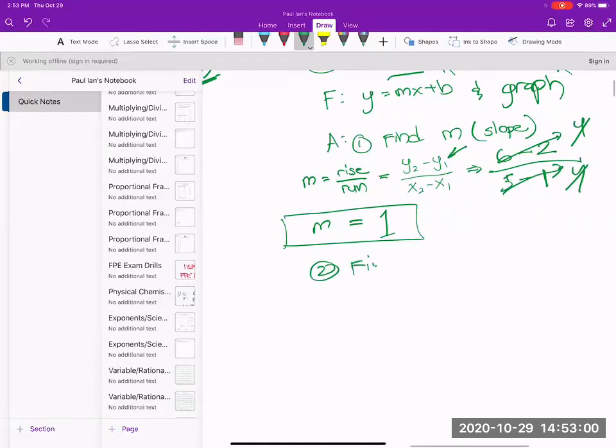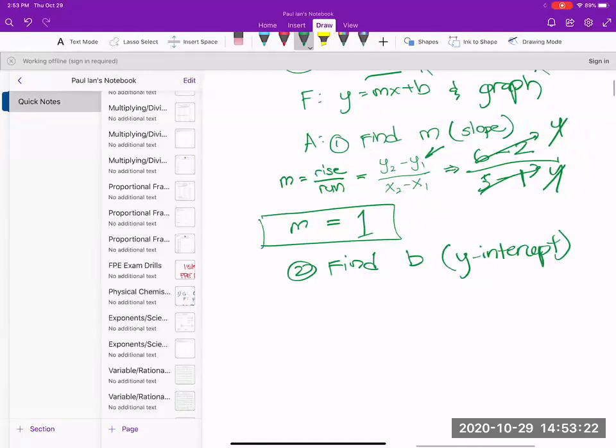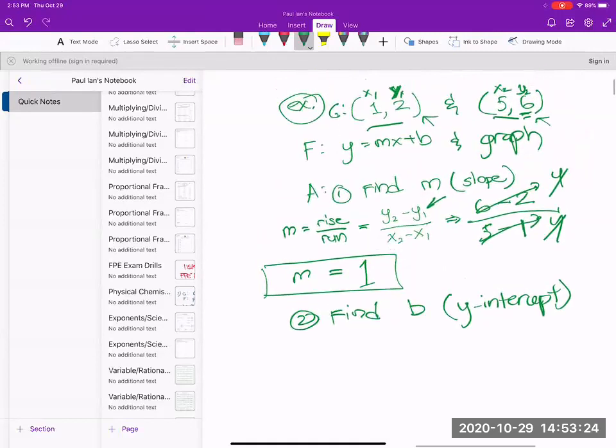Next thing is you have b. And what was b? The y-intercept, right? So b is the y-intercept. And don't worry, we're gonna do more of this so that you can get the steps and what the terminology is.